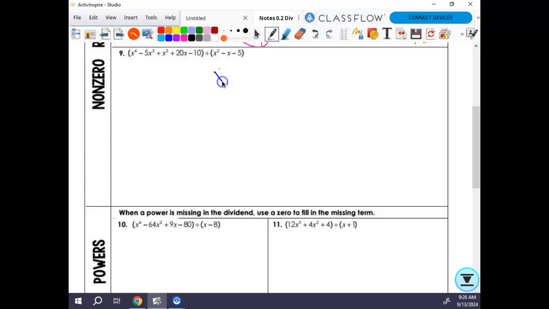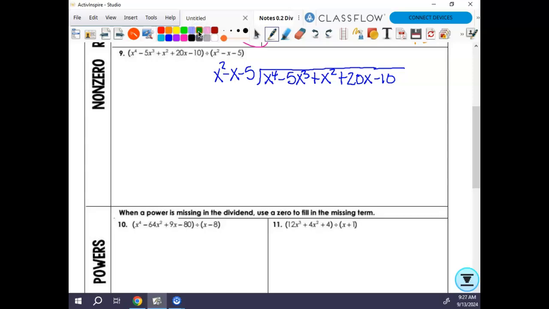So we've got x squared minus x minus 5, and I'm going to divide that into x to the 4th minus 5x cubed plus x squared plus 20x minus 10. All right.